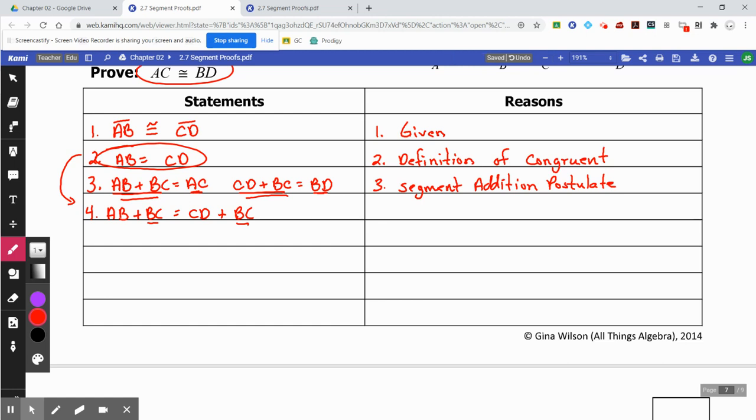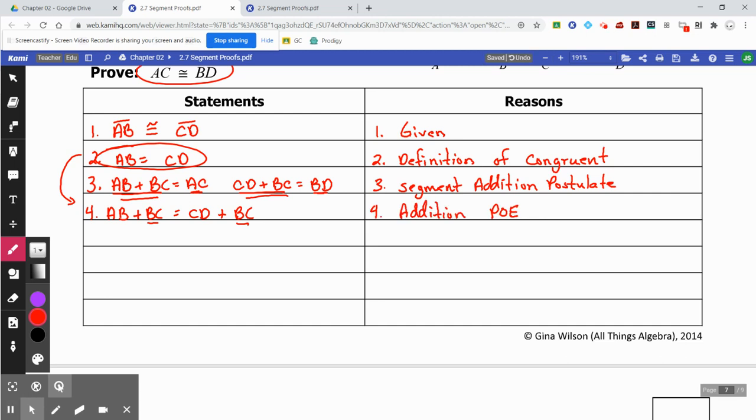We're adding the same amount to both sides here. BC and BC is the same by the reflexive property of equality. They're the same, so that's the reason it's legal. So just be prepared that sometimes you might have to throw that in. But all I did was add equal amounts to both sides, and the reason I can do that is the addition property of equality.